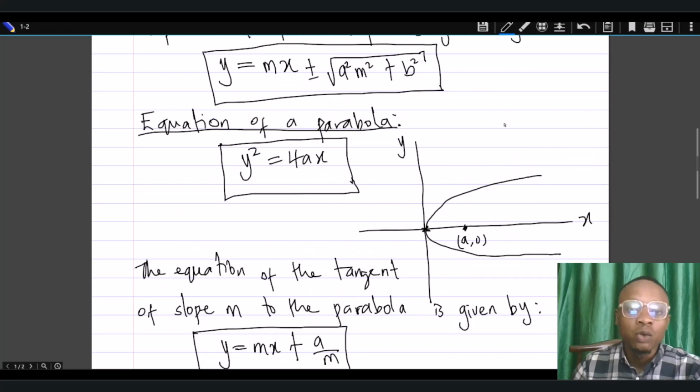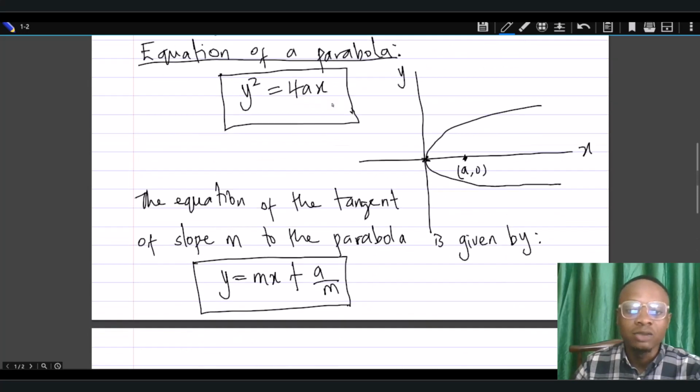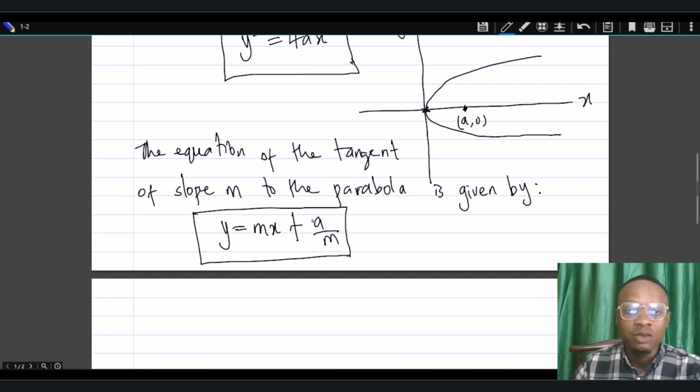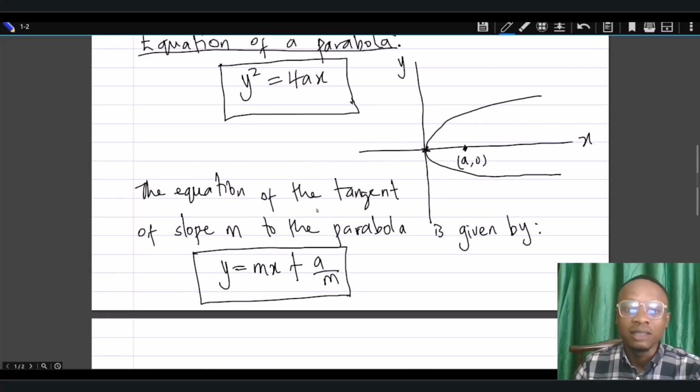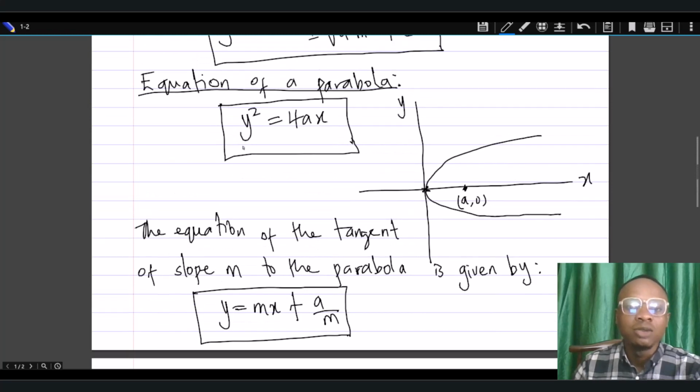Let me know in the comments if you would like to know how this equation came about. But let me quickly mention that the slope of the tangent to a curve at any point is given by the derivative of the equation of that curve. So this slope is given by dy/dx.